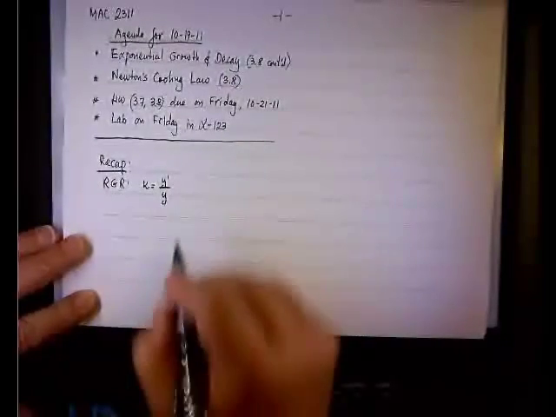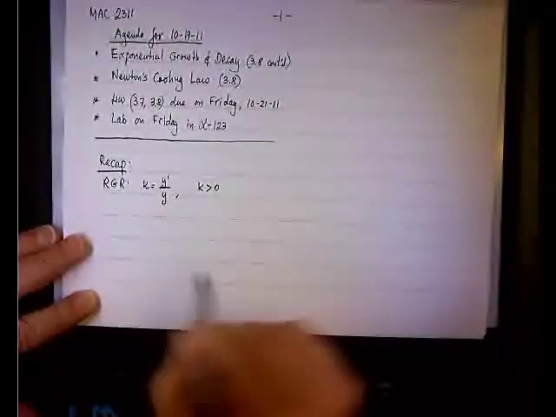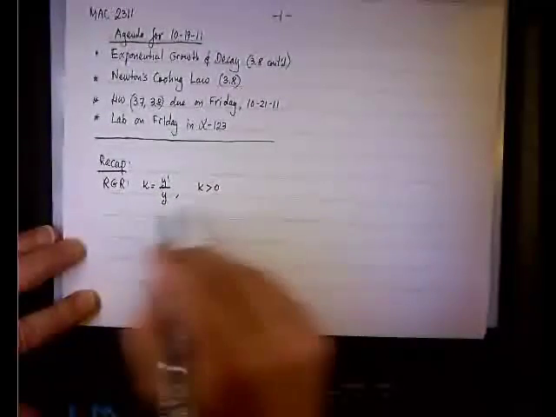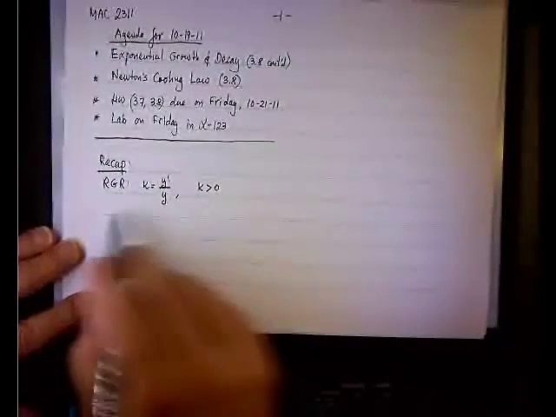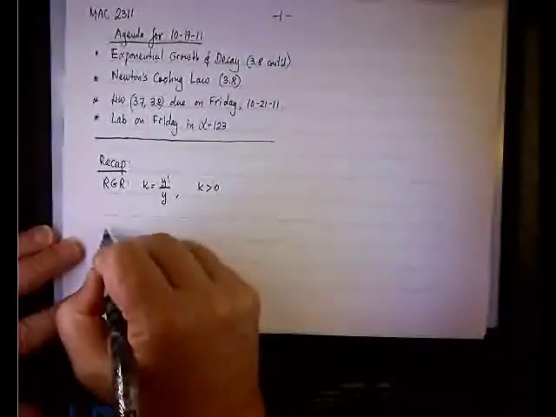And this is essentially a differential equation, and it's growth if this constant is positive. So you have a constant ratio of rate over the function, and it turns out that this y will be in this case an exponential function, and it's a growth function if k is positive.